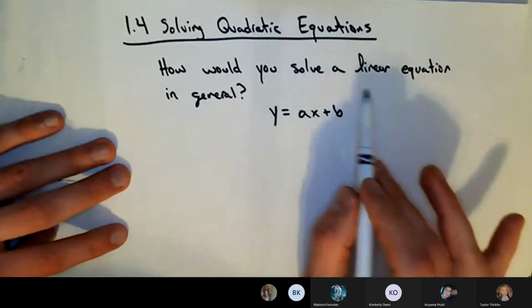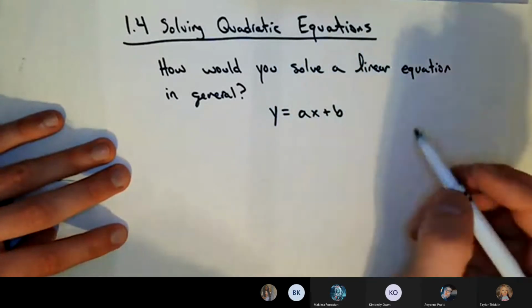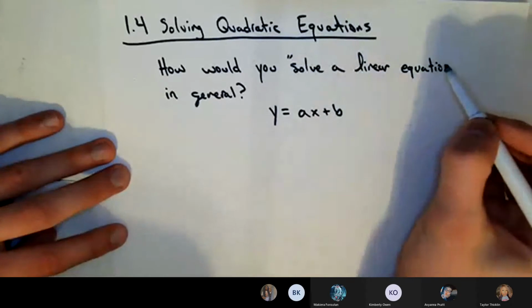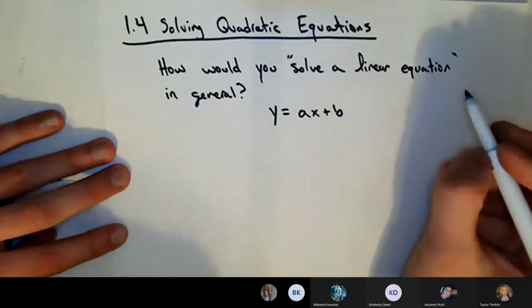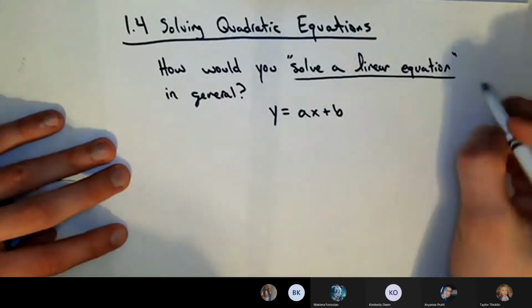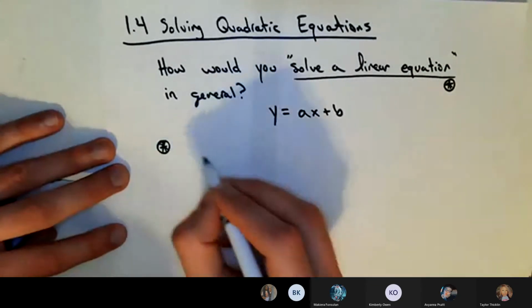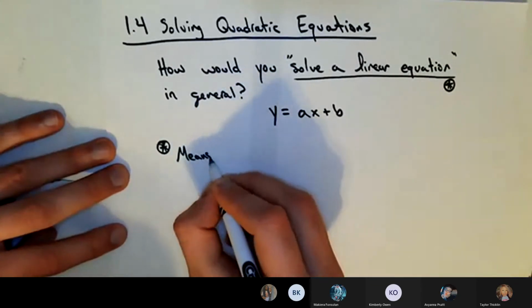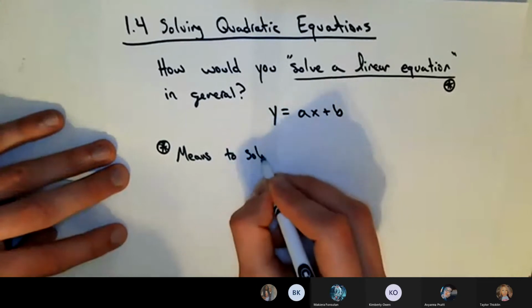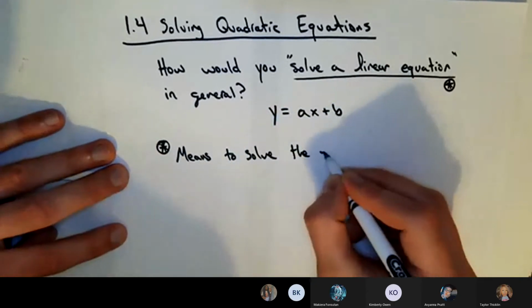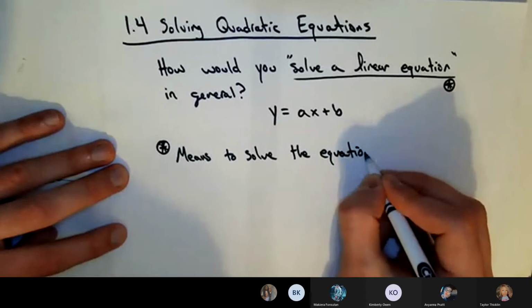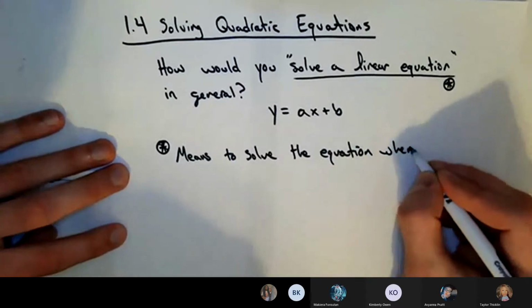And what does it mean to solve a linear equation? So I'll put a star. What does that mean? It means to solve that equation when y is equal to 0.